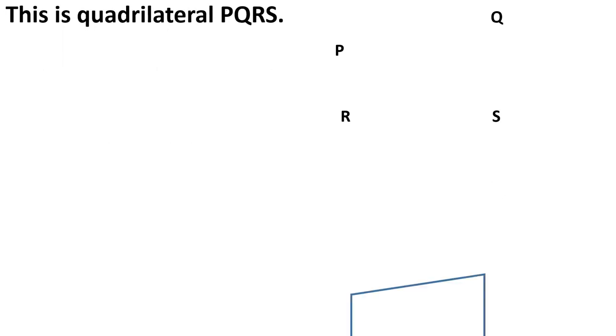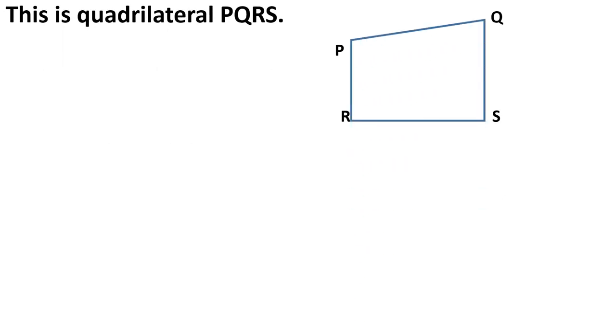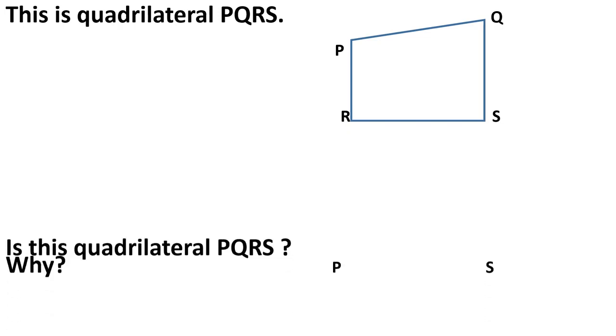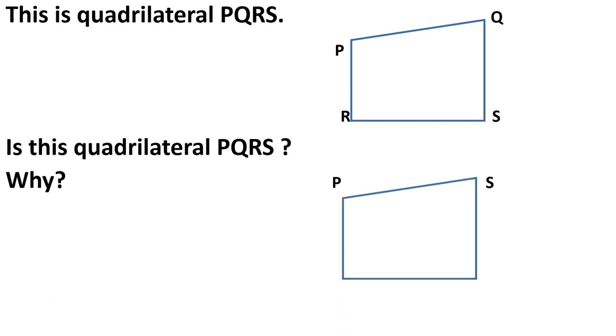Now see, this is quadrilateral PQRS. Now see one more figure. Can we say that this is also a quadrilateral PQRS? You can say yes ma'am, because the names PQRS are given. But no, this is not quadrilateral PQRS, because PQRS is not written in a cyclic manner.